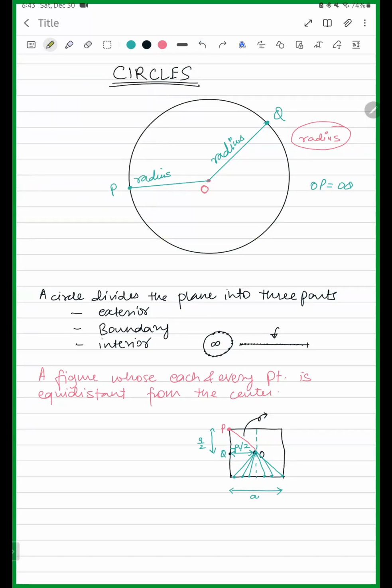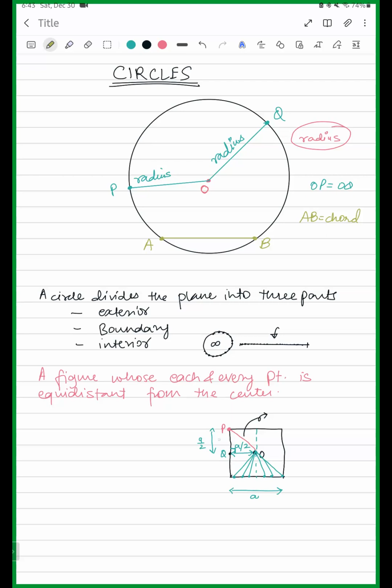Yeah, something which is called a chord. Let's call this AB. So here AB is called a chord, like, you know, how you have chords on a guitar. So AB is a chord.